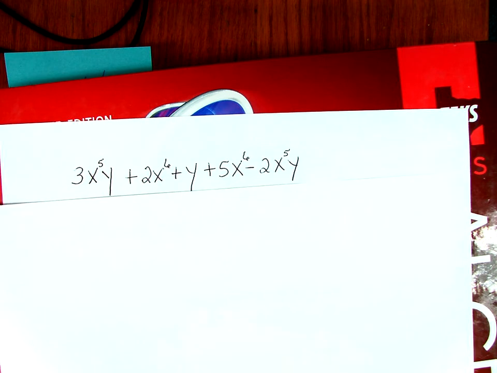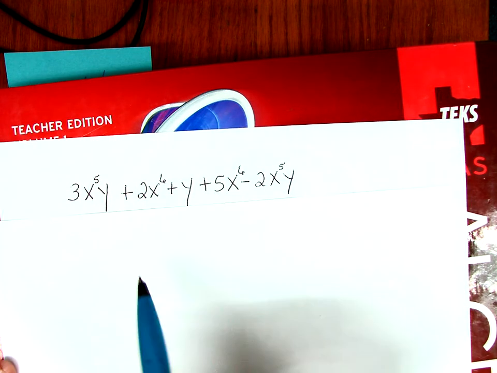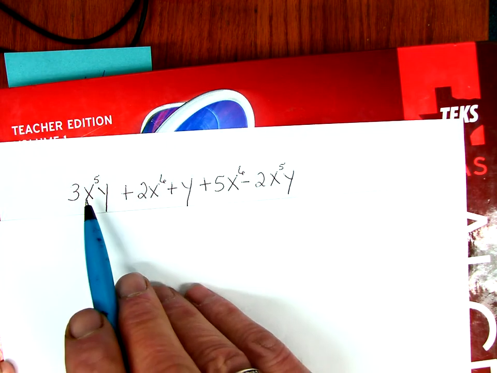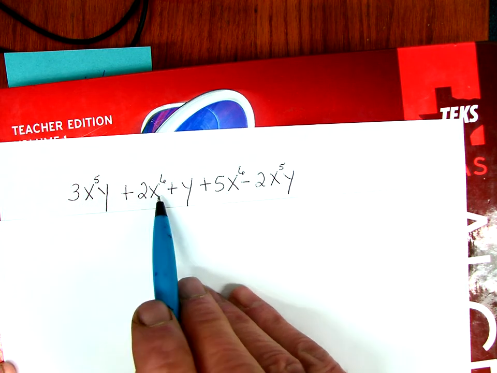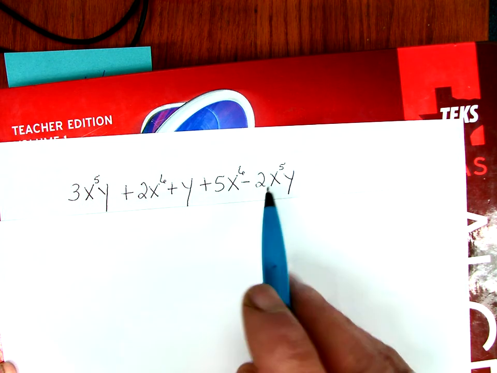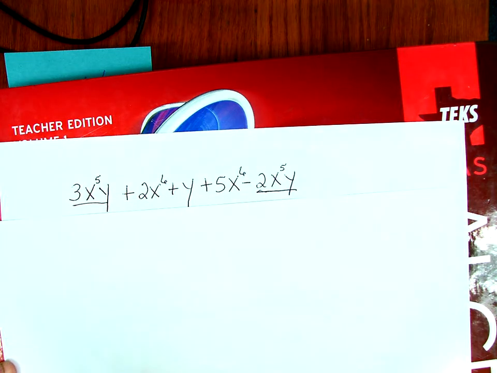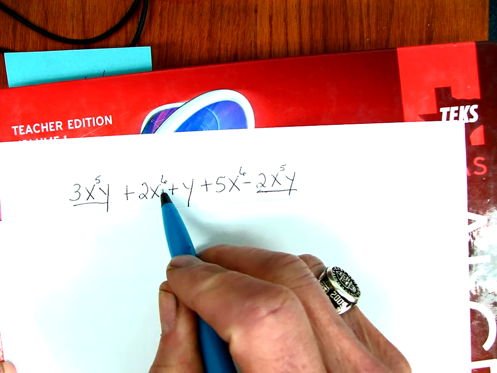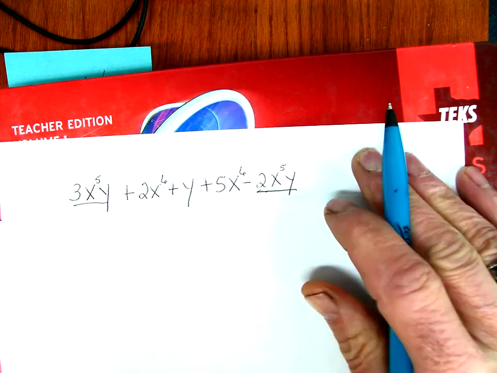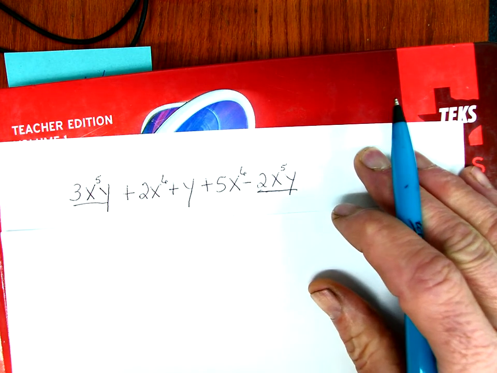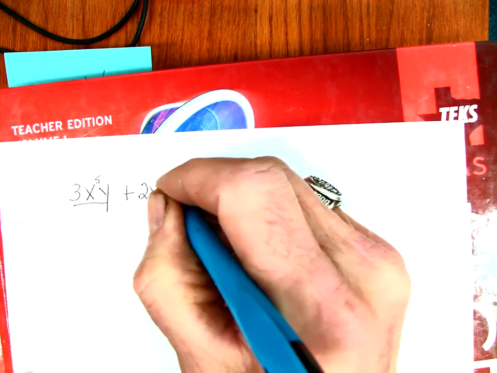Okay, so let's try something maybe a little bit more involved. Let's see, we got x to the 5th y. Oh, here's more x to the 5th y's. Those get put together. Actually, I'm going to change those.